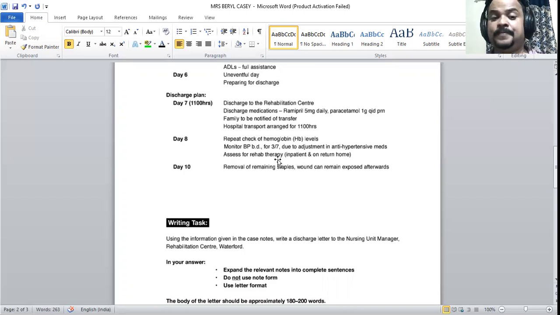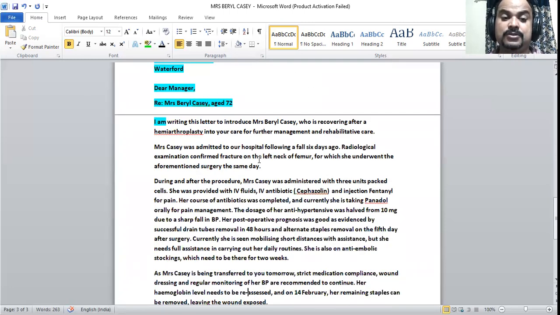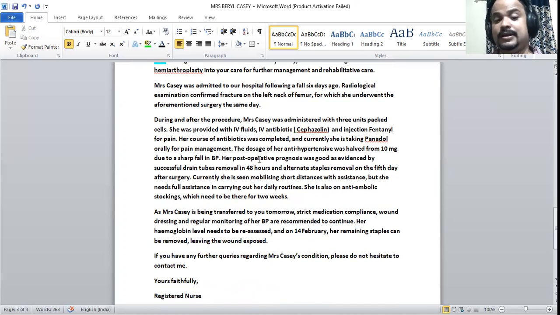So this is an important data. Okay, so we have assessed that thing too. So it's a big thing. So it's not a silly thing. So we have a lot of word count here. So we try to include this thing too in this particular letter.